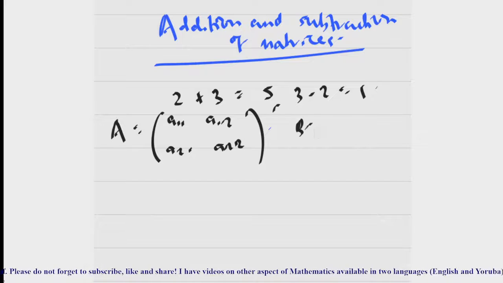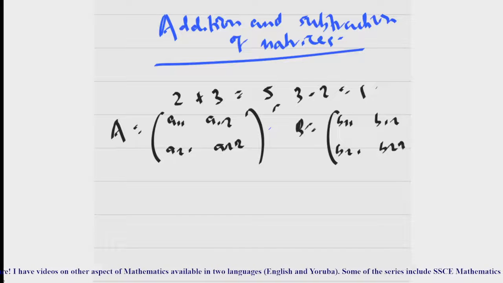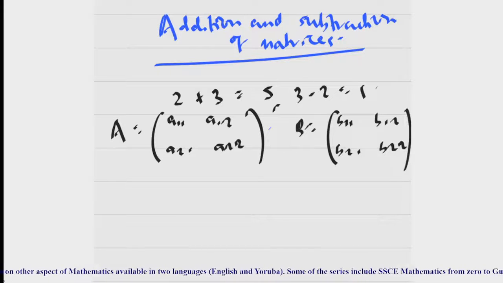Then I have my matrix B to be B11, B12, B21, B22. Don't forget this notation. The first subscript represents the row. This element is in row 1, column 1. So this element is in what? Row 2, column 1.